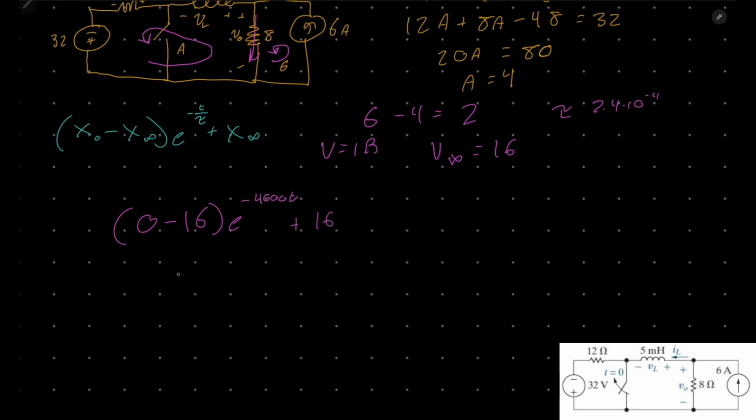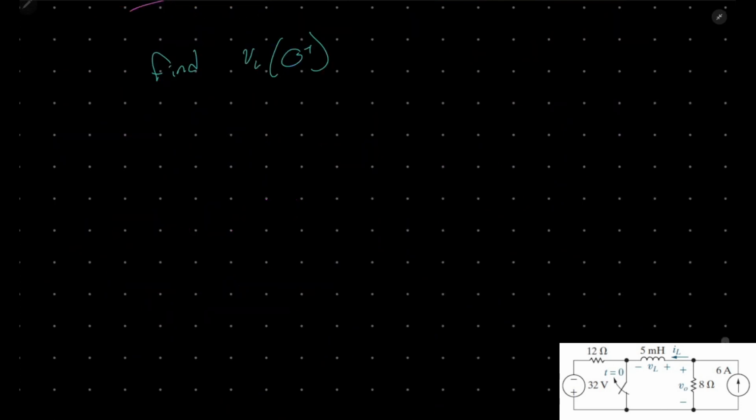Simplifying this, our voltage is negative 16 e to the negative 4,000 t plus 16. And right here is our answer. And remember, this is negative 16. Forgot to put that there.